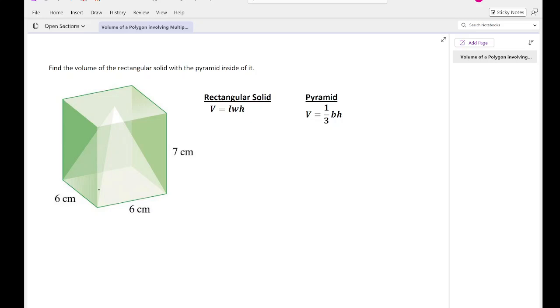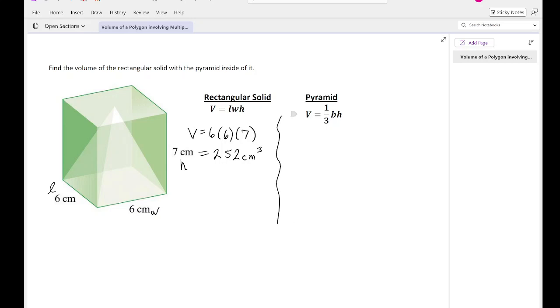So again, I got length, width, height. So for the volume of the rectangular solid, it's just going to be volume equals 6 times 6 times 7, which means that the volume is going to end up being 252 cubic centimeters.